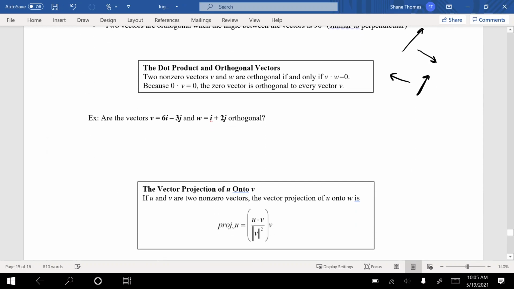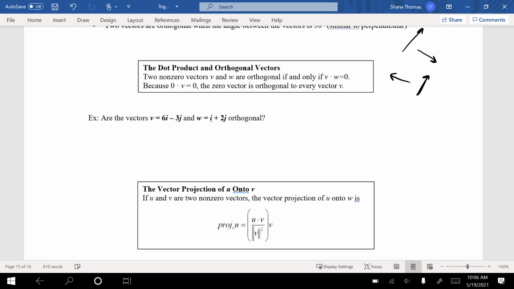All right. So dot product and orthogonal vectors. Two non-zero vectors v and w are orthogonal if and only if their dot product is 0. So if you do the dot product and you get 0, that means there would be 90 degrees of difference between the two of them. So the way to check those, you just do the dot product.